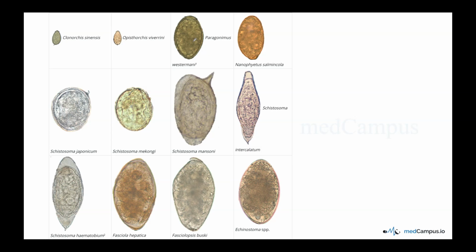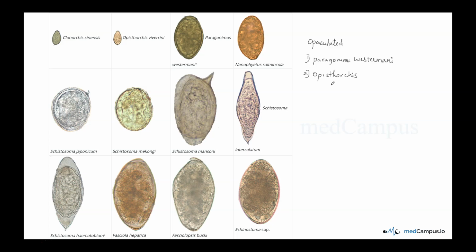So let me very briskly give you the list of operculated eggs so that you can remember. The operculated eggs are the four things which we just mentioned. Very importantly, Paragonimus westermani. Just write it down because you will remember it. Next is Opisthorchis.